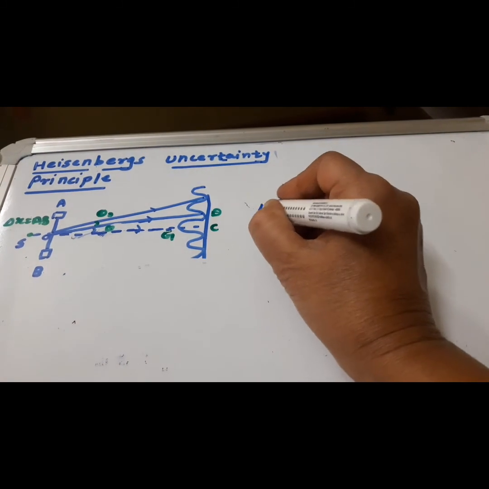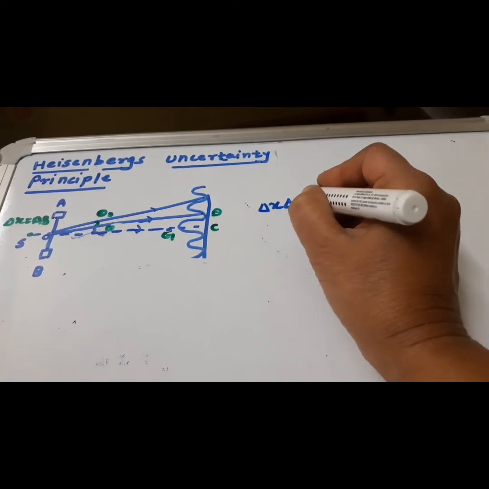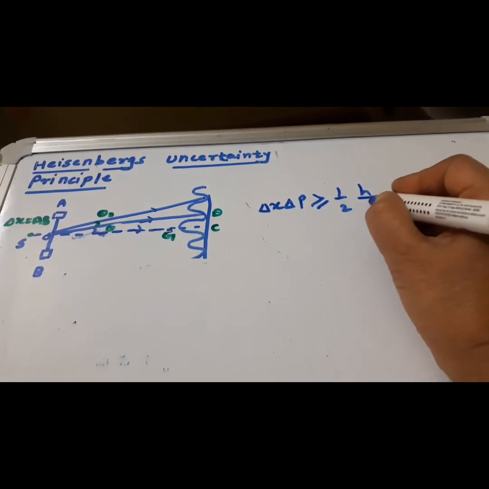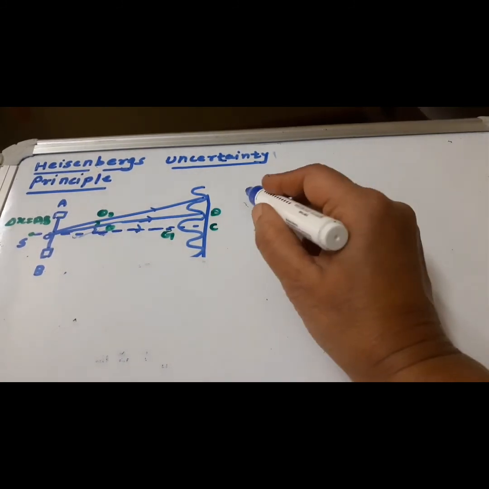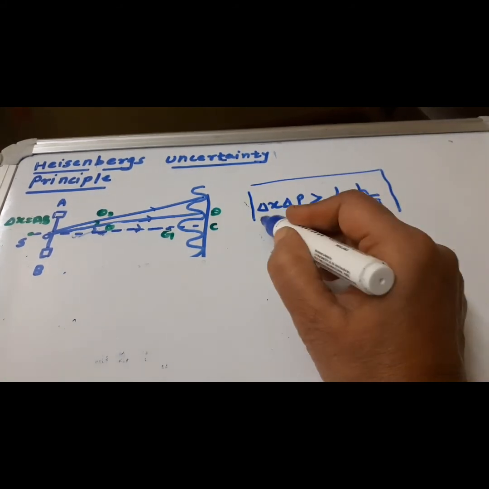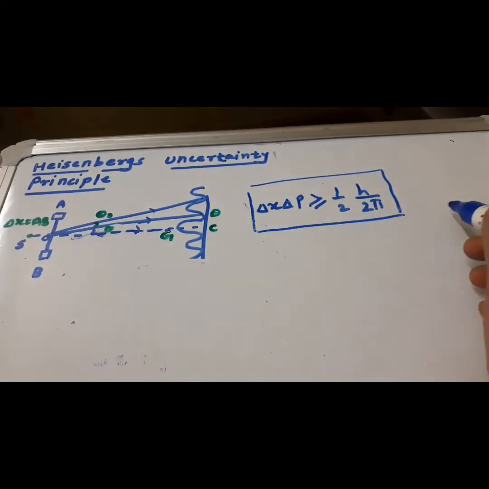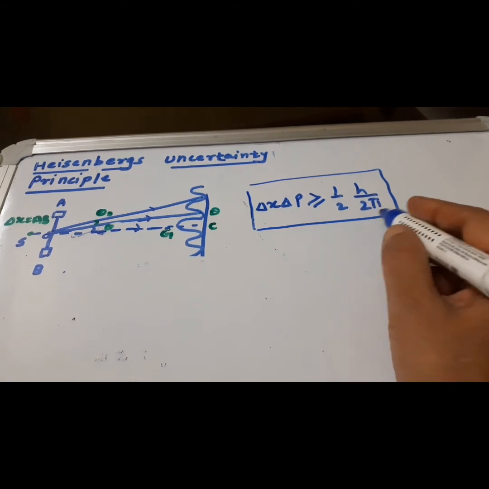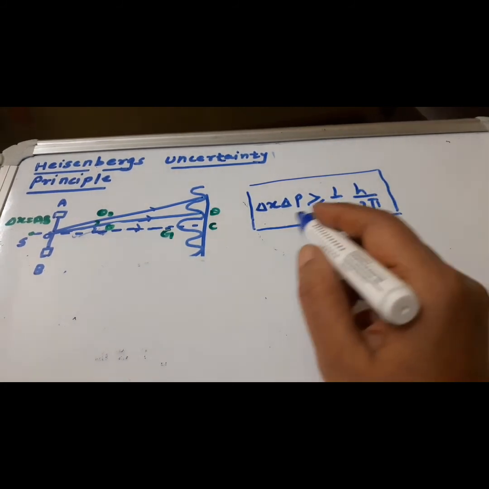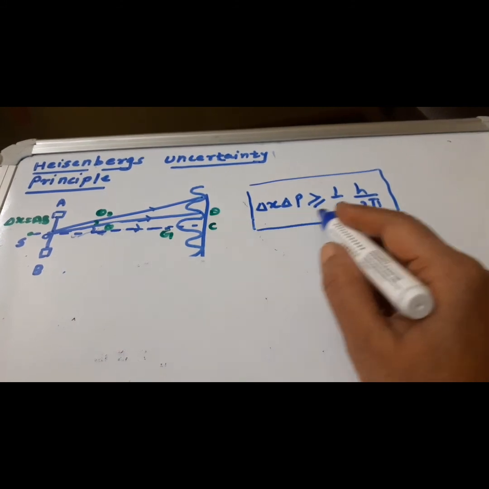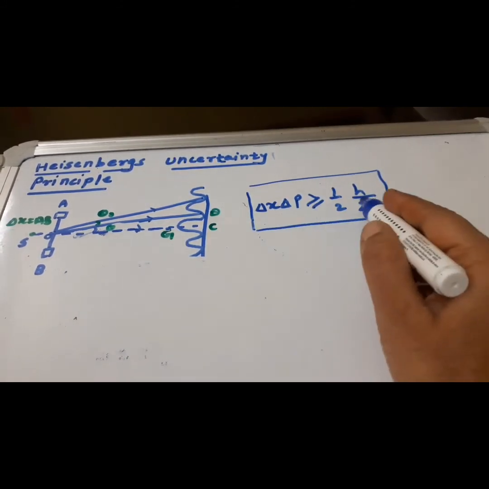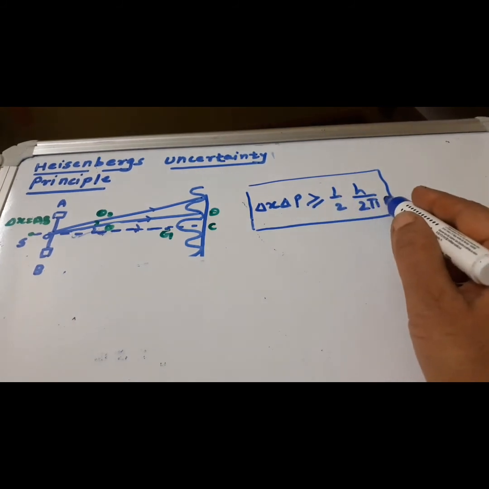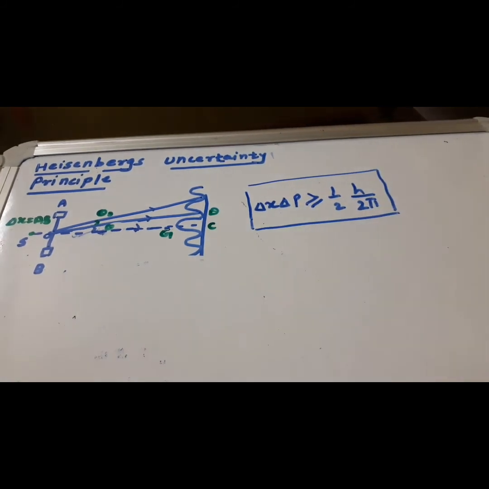That is delta x delta p is greater than or equal to 1/2 h upon 2 pi, because h cross is equal to h upon 2 pi, and this is the uncertainty in position and momentum. This equation shows the uncertainty in the position and the momentum, that is delta x delta p is greater than or equal to 1/2 h upon 2 pi.